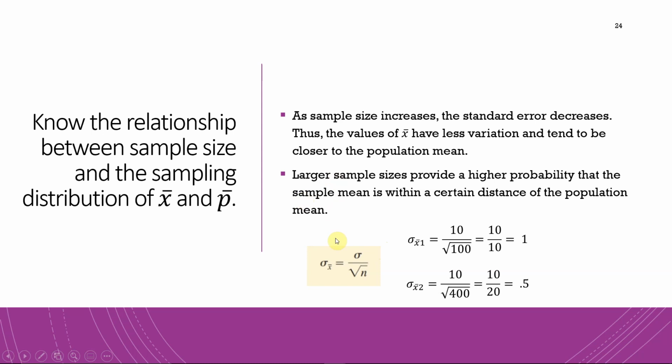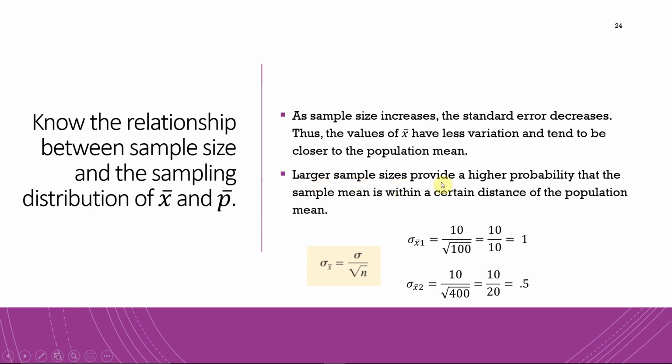Ultimately, we want to know the probability that the sample mean that we calculated is within a certain distance of the population mean. Basically, if you want to have a higher degree of certainty that your sample mean is closer to the true population parameter that you're interested in, one thing you can do is collect more data.